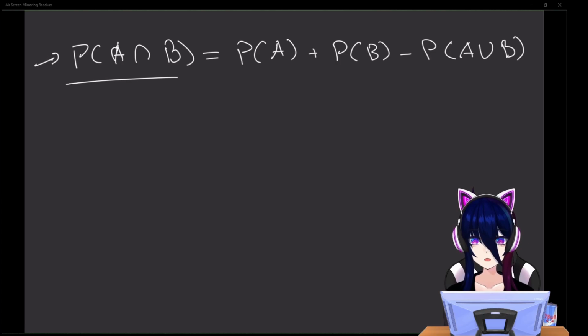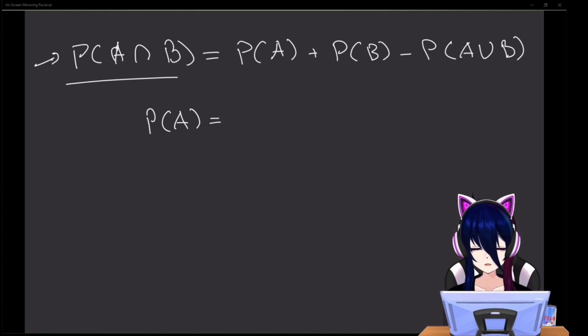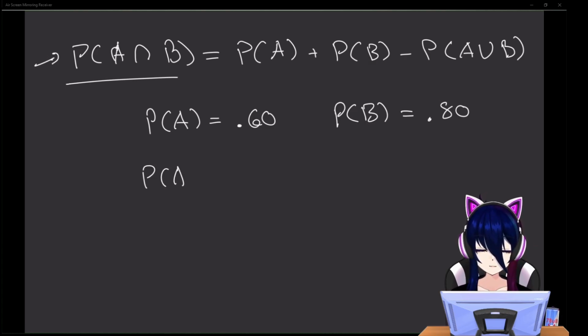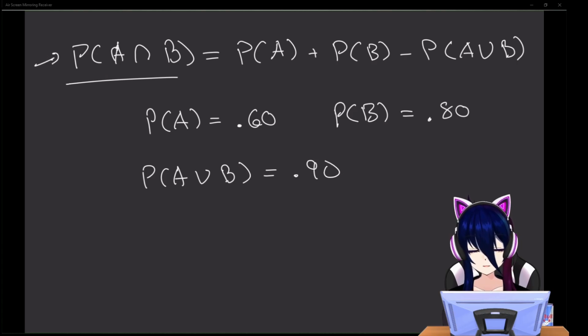Let's plug in our values here. Say that the probability of A is 0.6, the probability of B is 0.8, and we're going to say that the probability of the union is 0.9. Takes up most of the space. So let's plug these in.